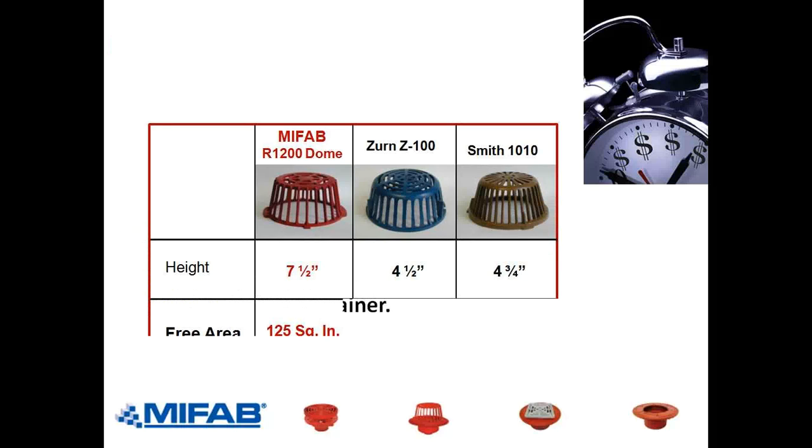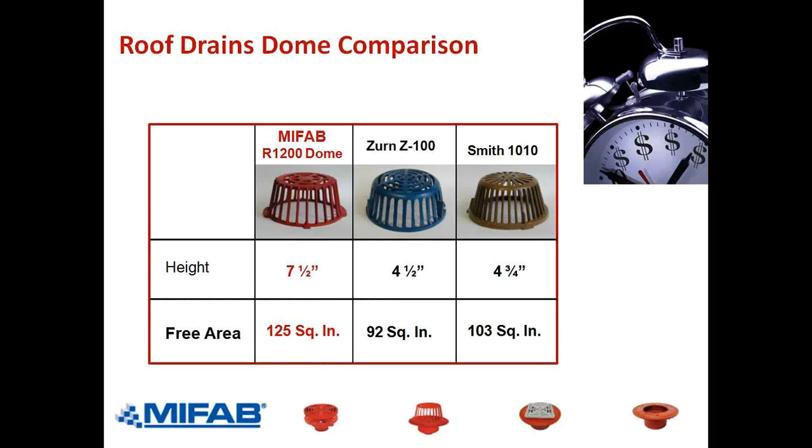And here's a good chart to compare the different dome heights. You can see on the left is the MyFab R1200 dome, the A2MD. The main reason why our free area is greater is because of the height. You can see that we're 7.5 inches high versus 4.5 and 4 3/4.